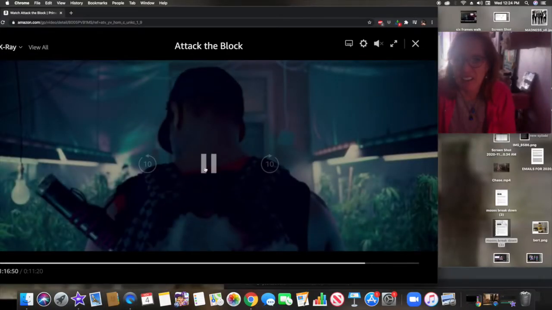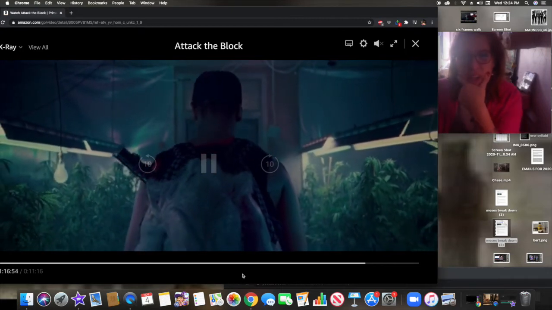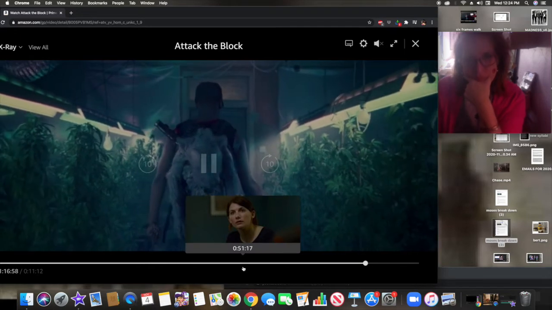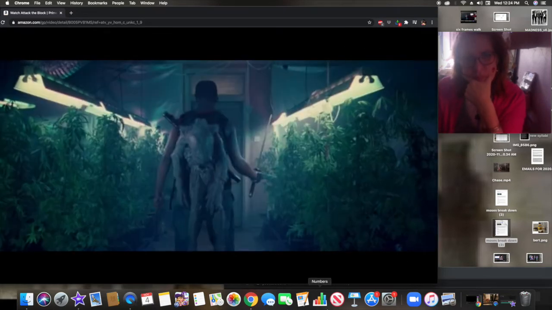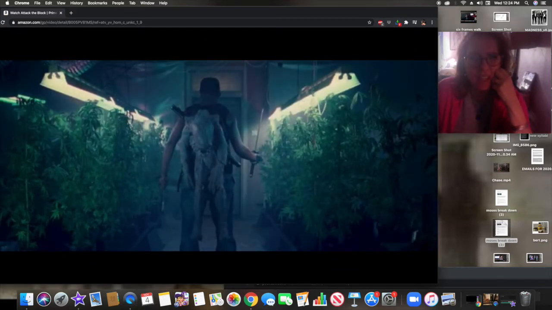Okay, so here, what you would talk about is the interior frame. The lines of lightning pointing towards our hero.